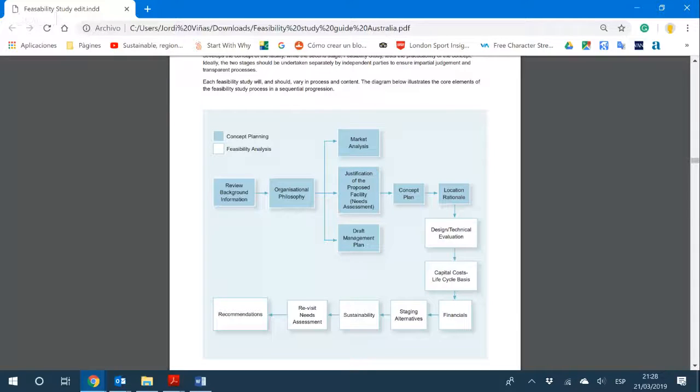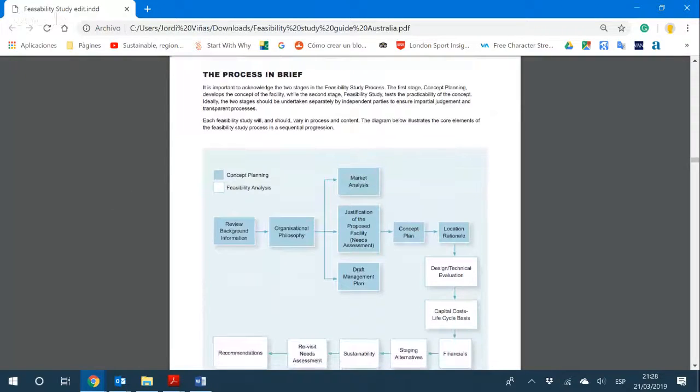So if you have time, I believe this is a very interesting document to read through, all the pages, which is not that long, to give some thoughts on the elements to take into account when designing and thinking in the conception phase of a sports facility.